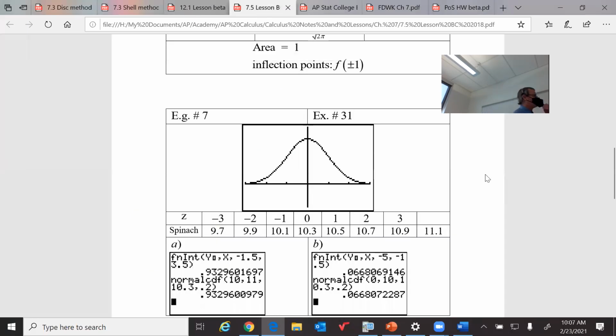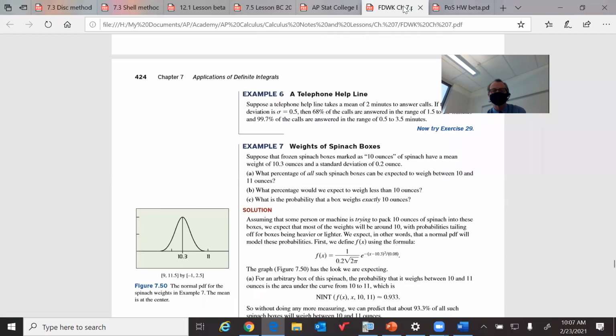So I just marked it here. Here's 10.3. Every step is worth 0.2. 10.5, 10.7, 10.1, 9.9. So the question asks, what percentage of the spinach boxes weigh between 10 and 11 ounces?